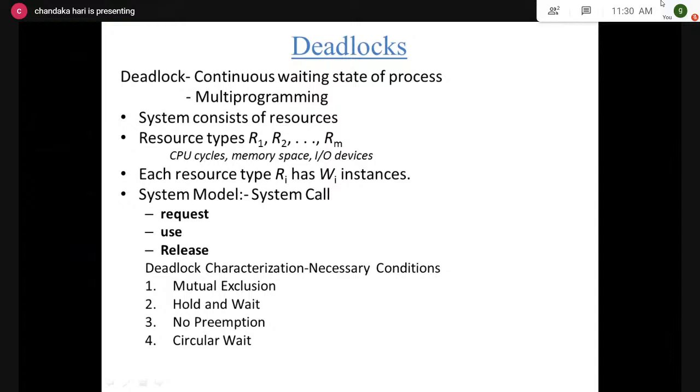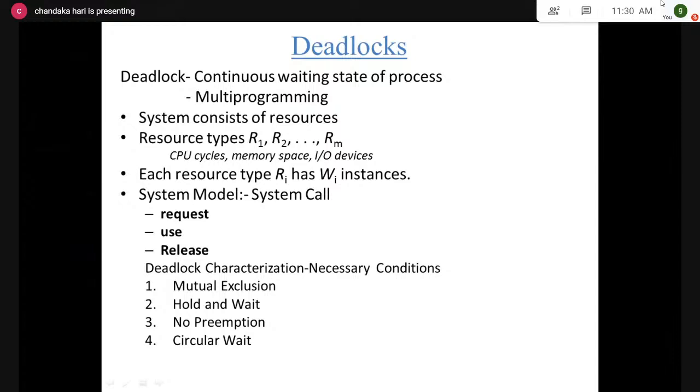Once the resource is sanctioned, then using the use system call, you are allowed to continue your operation. Once your execution is complete, you need to release your resources to the operating system by using a system call known as release.